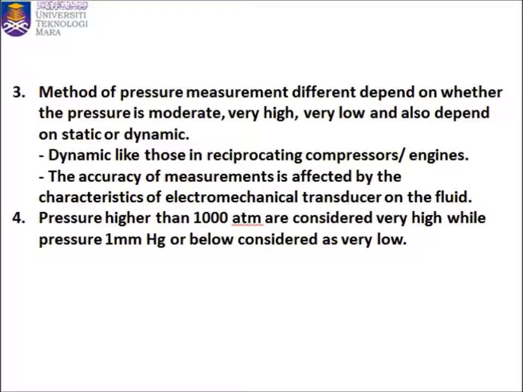The accuracy of measurements is affected by the characteristics of the electromechanical transducer and the fluid. Pressure higher than 1000 atm is considered very high, while pressure of 1 mmHg or below is considered very low.